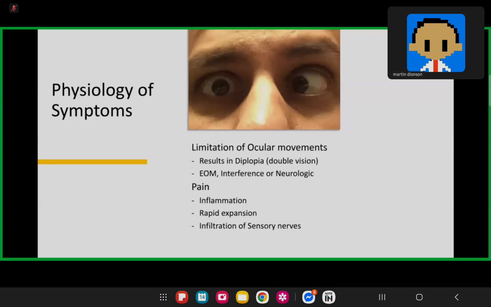So the limitation of eye movement results in diplopia or double vision. Causes of the limitation might be a problem in the muscle itself, such as those in congenital diseases, interference such as an entrapped muscle in a fracture, or from trauma, or the cause may be neurologic.